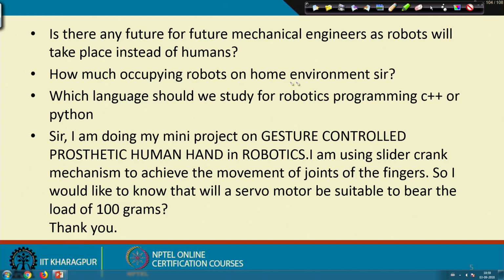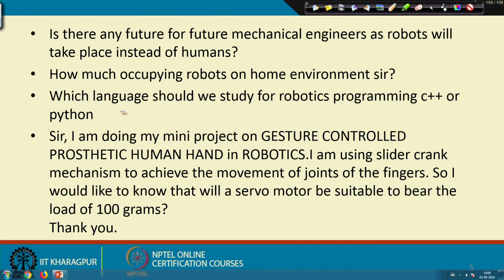The way I have understood your question is: in household applications, what are the areas where we can use robots? We can use robots to replace maid servants. There are household activities like sweeping, cleaning utensils, and giving medicines to old people. That type of task we can assign to robots.